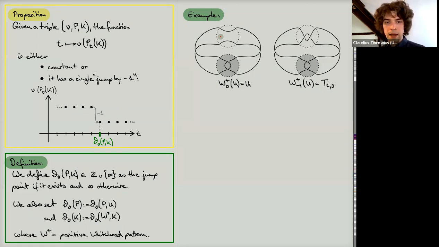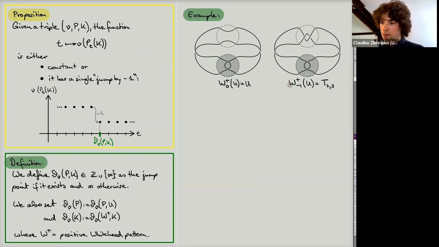So any slice-Torus invariant takes the value 0 on this knot. On the right-hand side, we take the twisting parameter to be equal to -1, and one can see that this is equal to the positive (2,3) torus knot. There, the value of any slice-Torus invariant is equal to 1.